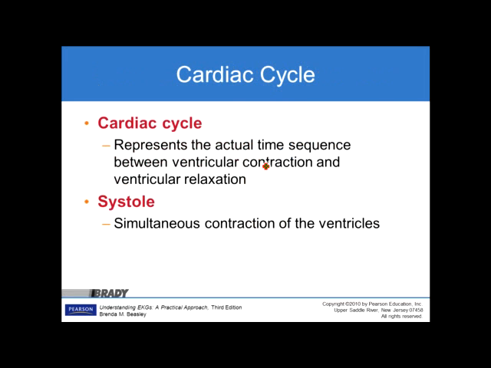The cardiac cycle represents the actual time sequence between ventricular contraction and ventricular relaxation. So whenever we talk about a whole cardiac cycle, it'll be from the contraction that occurs in the ventricles to their relaxation, and most of the passive filling occurs during relaxation.